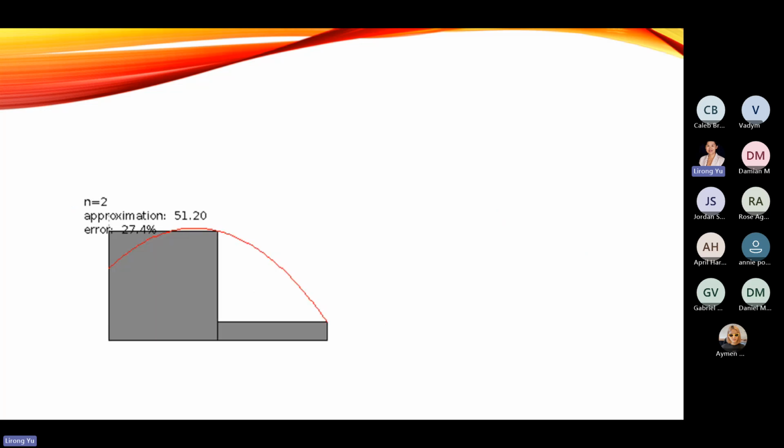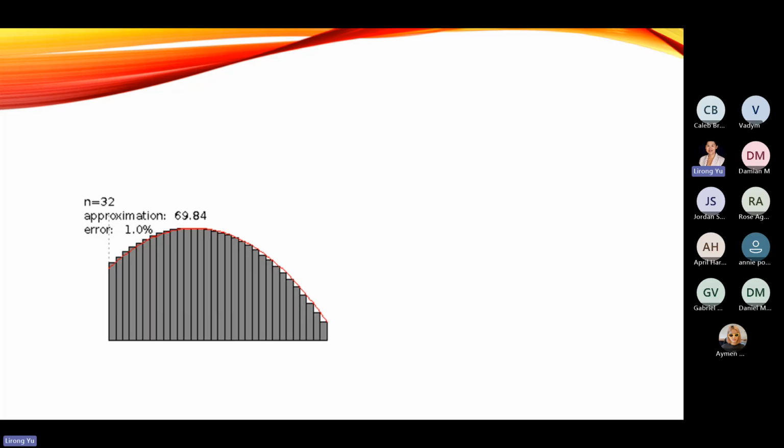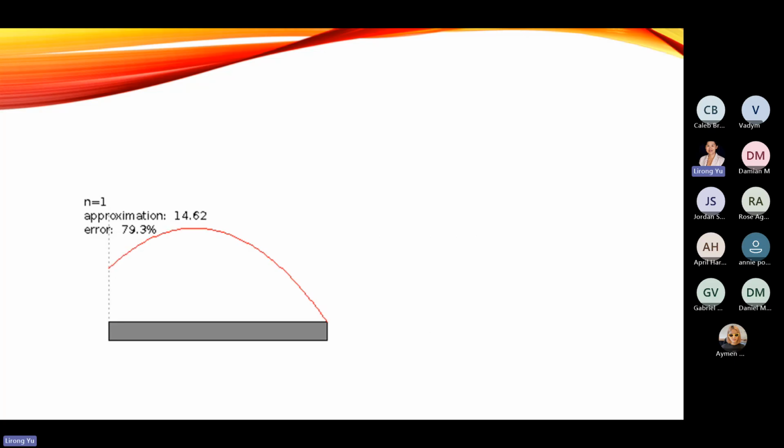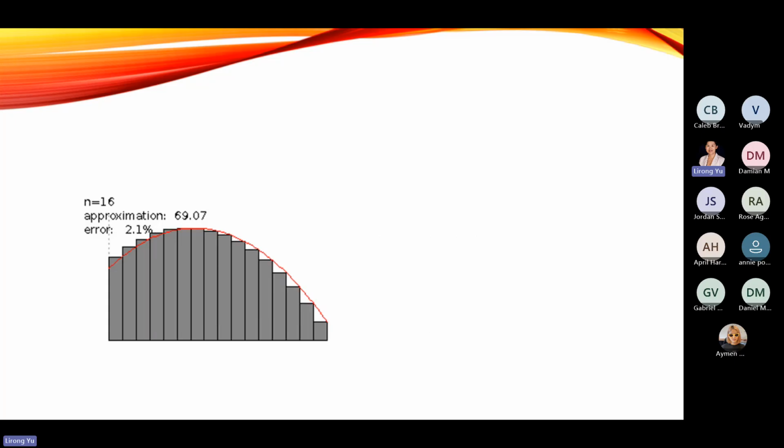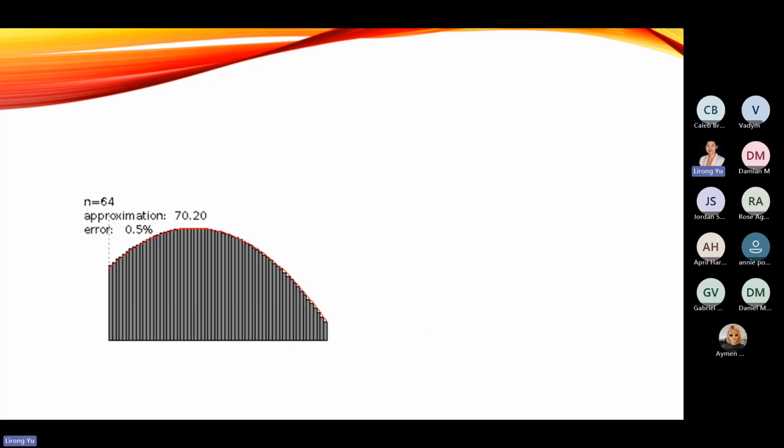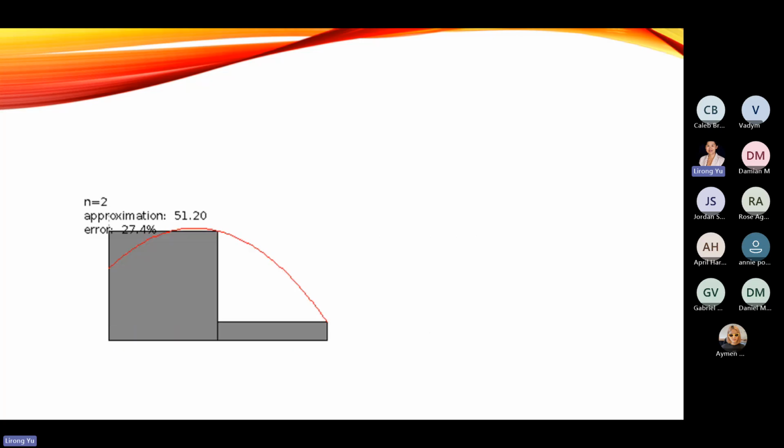Here I'm using a little example to show that at the beginning you may have 1 interval, 2 intervals, now 4 intervals, 8 intervals, 16 intervals. As n gets bigger and bigger, the intervals get more and more detailed.